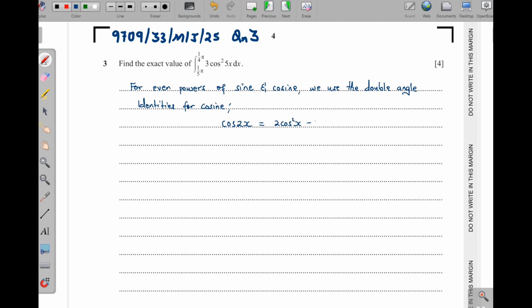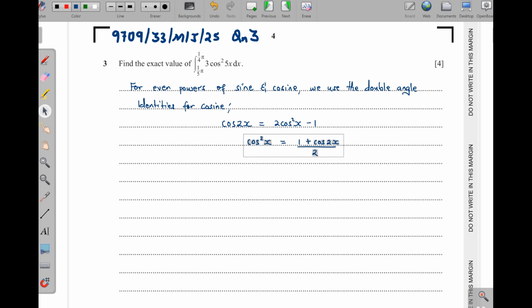This one is actually provided in the list of formulae if you don't remember. But then if we make this one the subject of the formula, we will bring this one here and then you divide all through by 2, not so? So cos squared x is going to be equal to 1 plus cos of 2x, then you divide by 2.